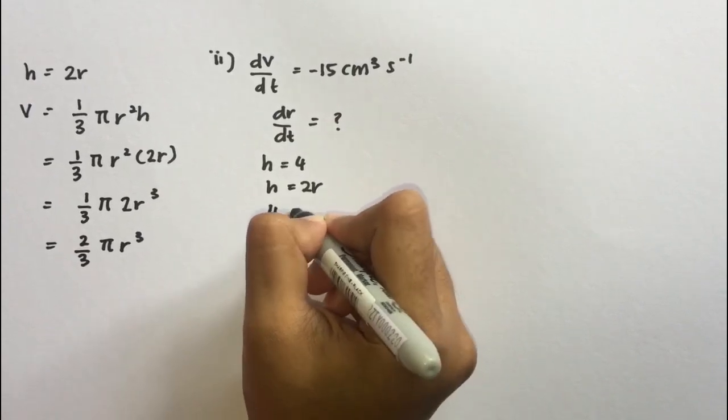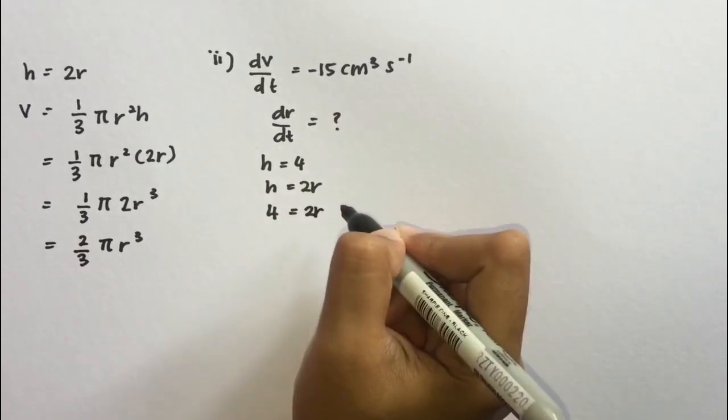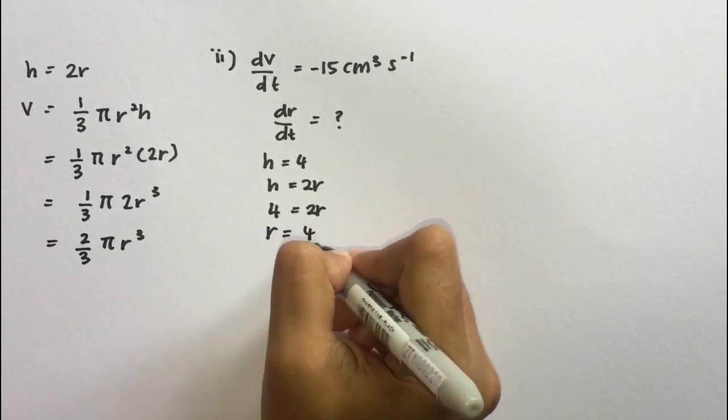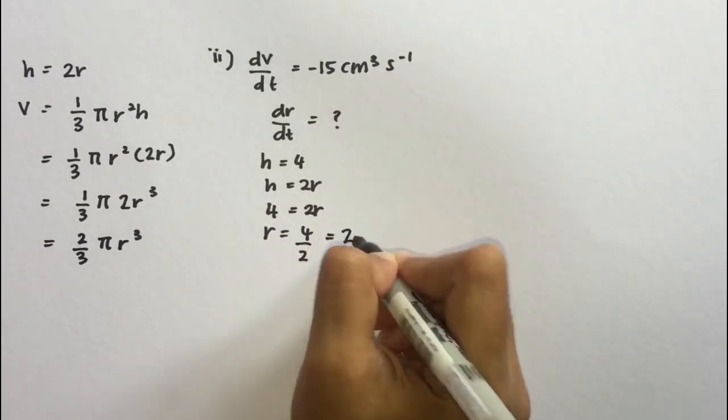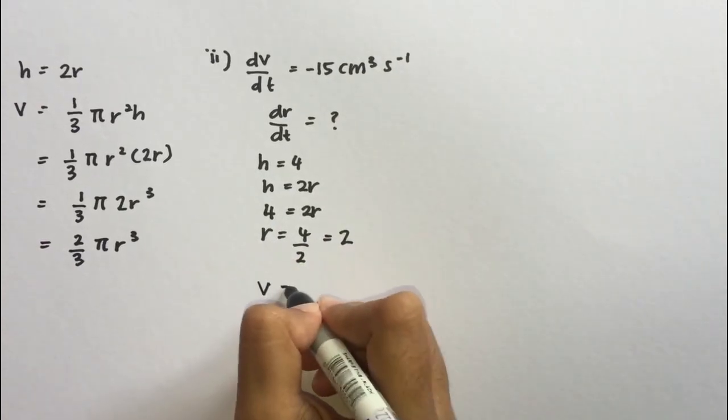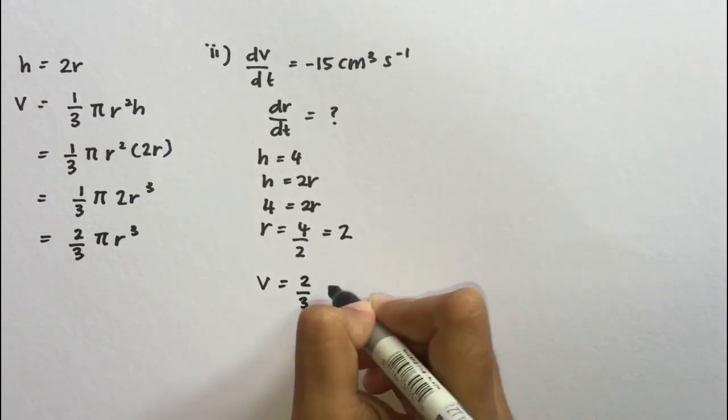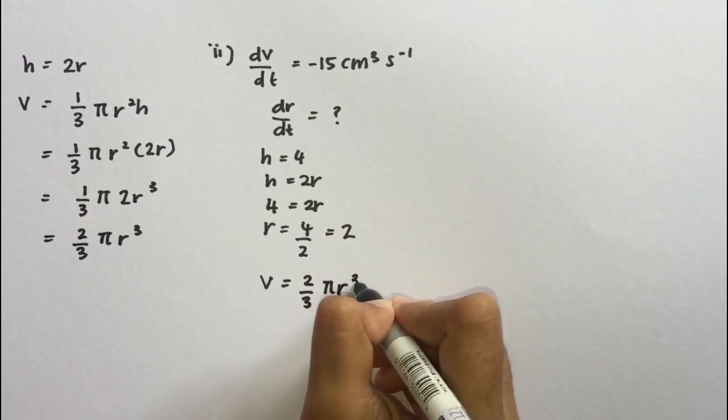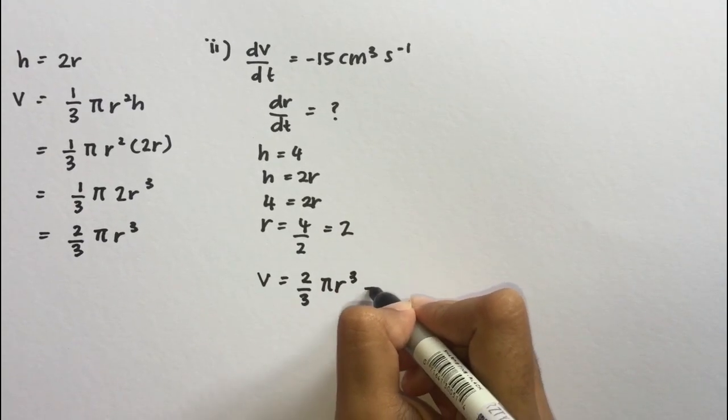From question number 1, we already know that h is equal to 2r. So, we just have to substitute h is equal to 4 into the equation. So that we get r is equal to 4 over 2, and we will get 2 cm for the radius.